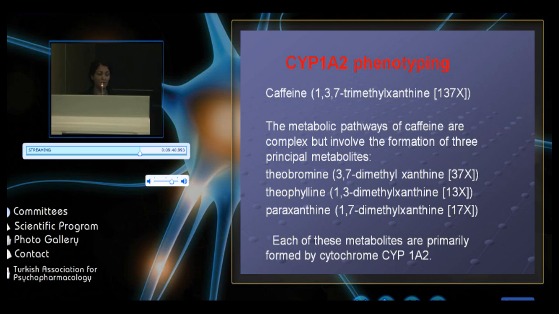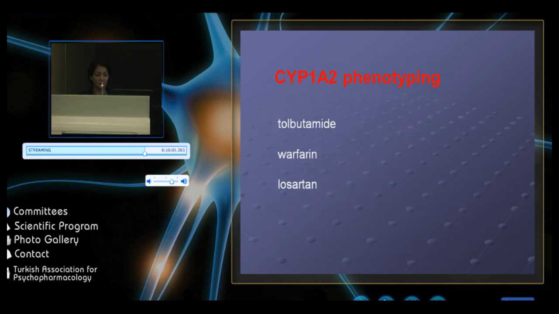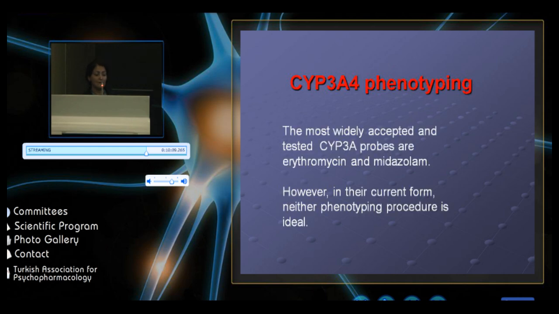Diet can be given, but also we can say that this is an easy technique. And then on the 8th hour, the blood samples are taken. The caffeine has 3 main metabolites. Every laboratory has its own technique. Most of the time we use paraxanthine, and 1A2 phenotyping is done accordingly. There are some other substances like tolbutamide, warfarin, and losartan.